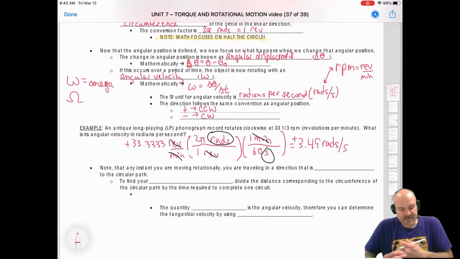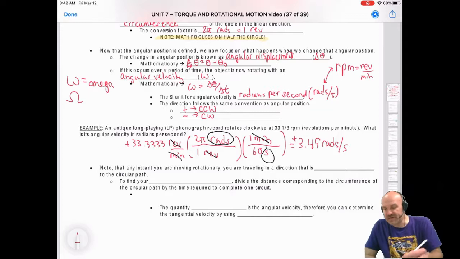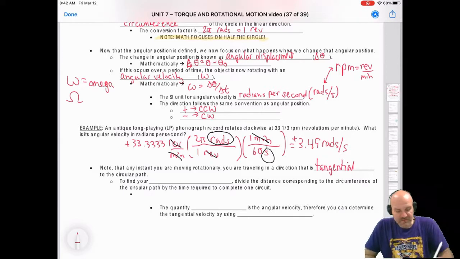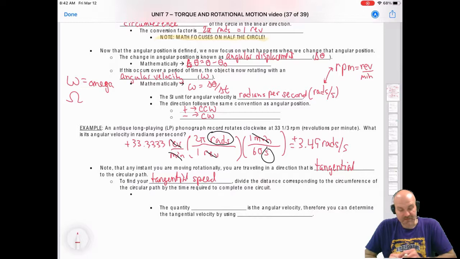Now, note that at any instant that you're moving rotationally, you are traveling in a direction that is tangential to the circular path. To find your tangential speed, divide the distance corresponding to the circumference of the circle by the time required to complete one circuit. So the tangential speed is going to be the circumference of the circle divided by the period.